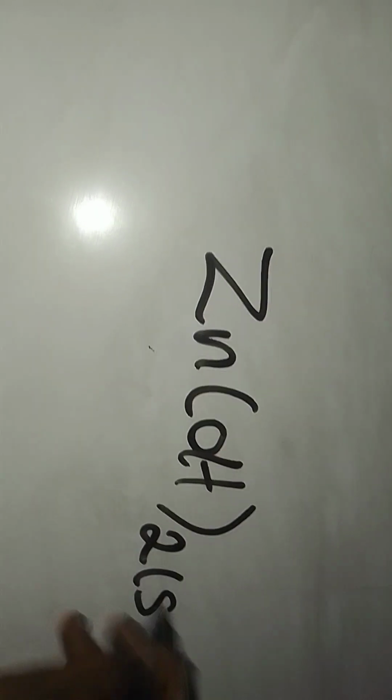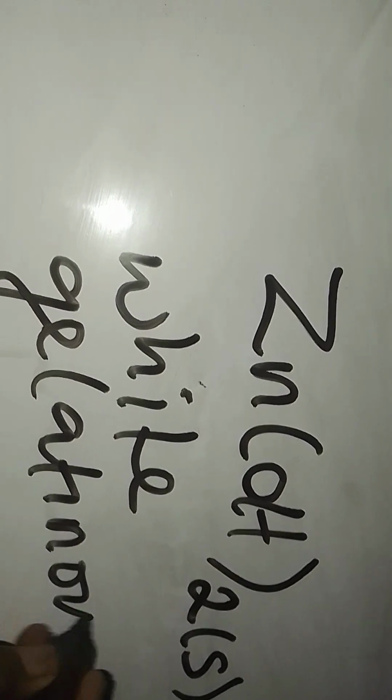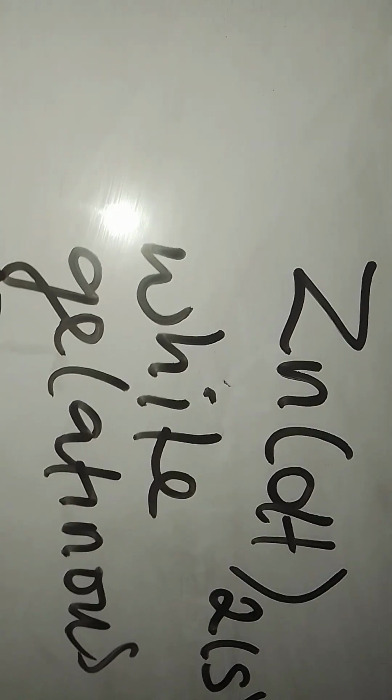Now, what of when you now add sodium hydroxide in excess? You have zinc 2 hydroxide, which is solid, white gelatinous precipitate.